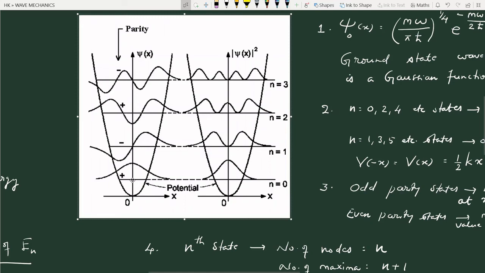We know that total energy is equal to kinetic energy plus potential energy. So if potential energy is greater than total energy, the kinetic energy has to be negative. So this point and all the points beyond it are the classically forbidden region.